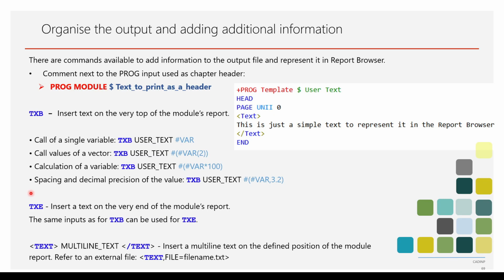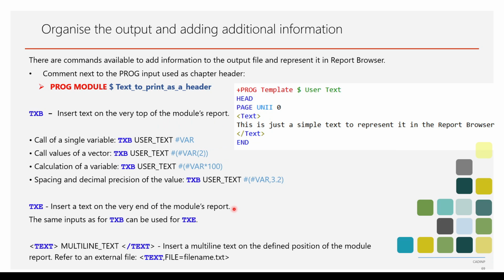These variables can be printed with a certain spacing and decimal precision if it is necessary, even if they are part of an expression. With txb, the variables will be printed at the very top of the module's report, whereas with the txe at the very end.